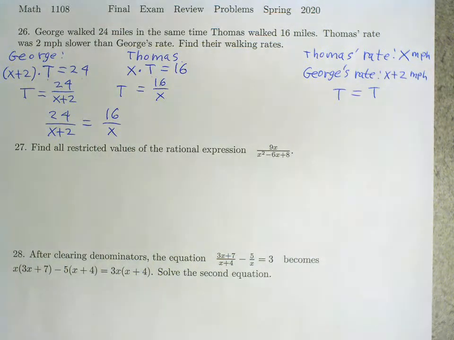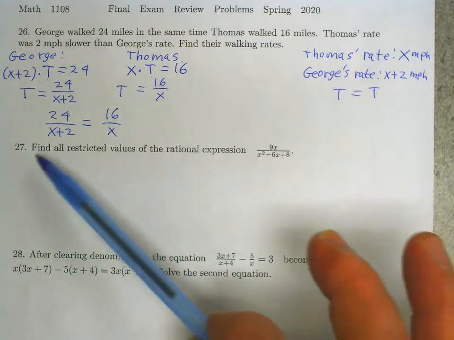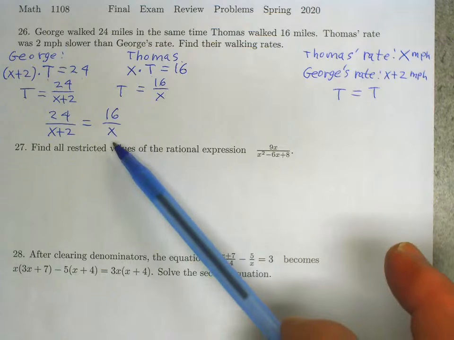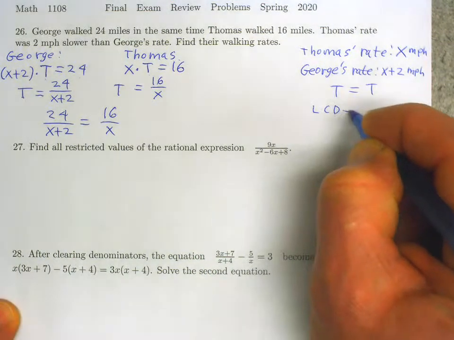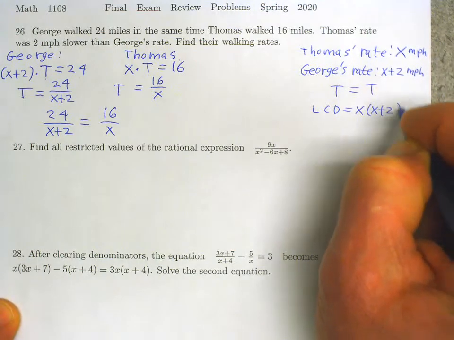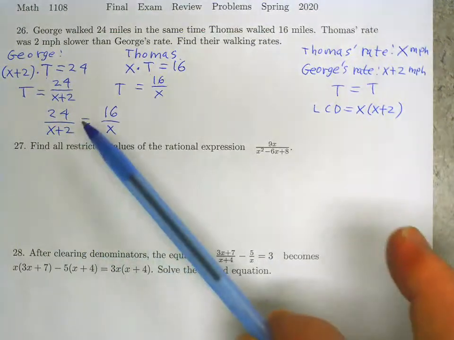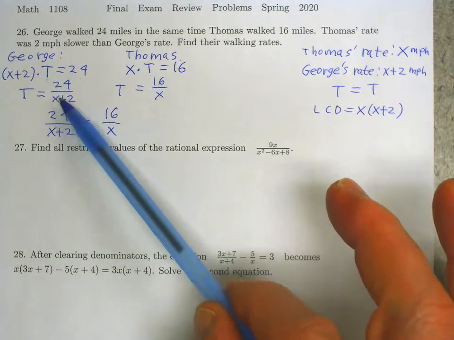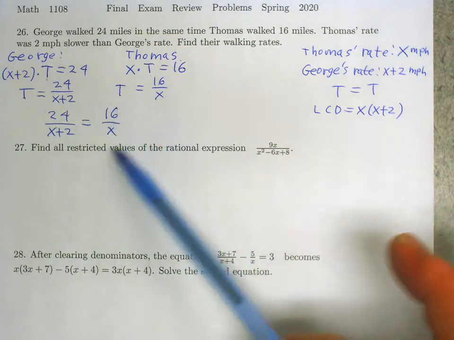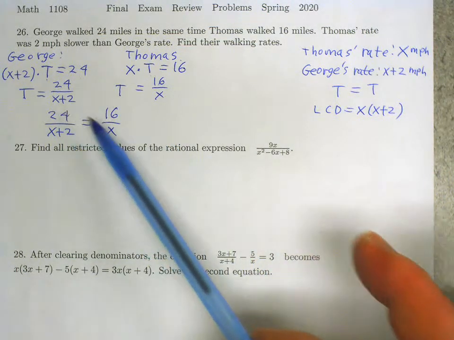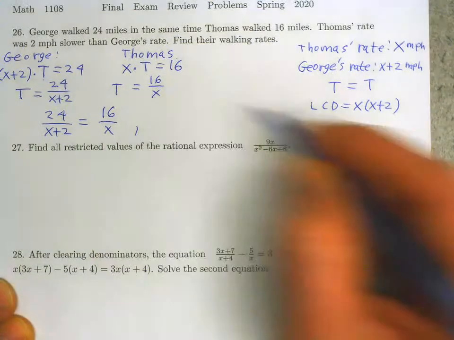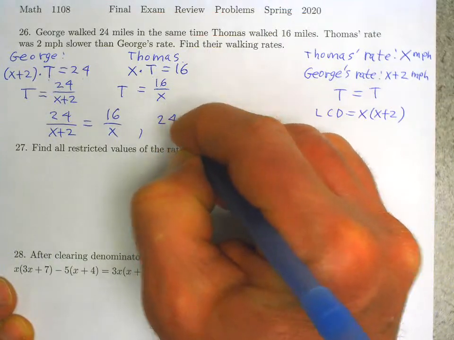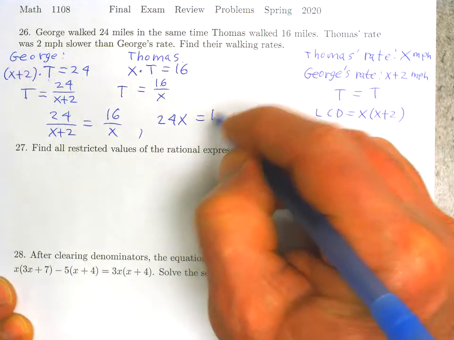We can do it in one of two ways. We can multiply both sides by the least common denominator, which is just x times x plus 2. Or we can remember, whenever one rational expression equals another rational expression, then cross products are equal. Either way, we get the same equation, whether we multiply both sides by the least common denominator or just use cross products are equal.